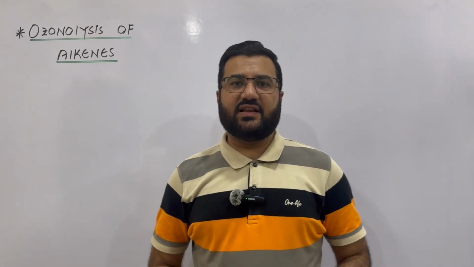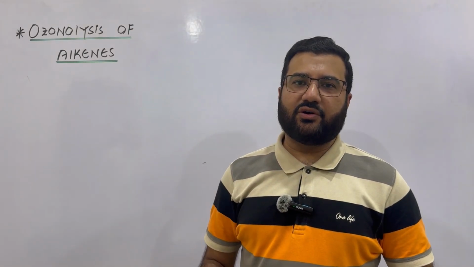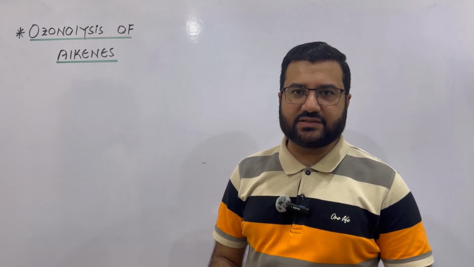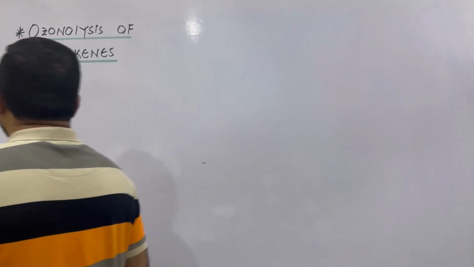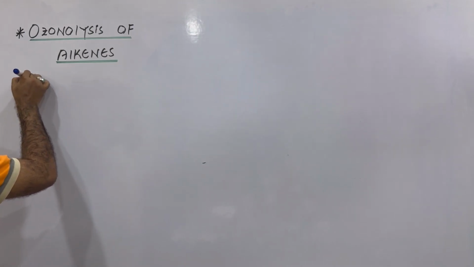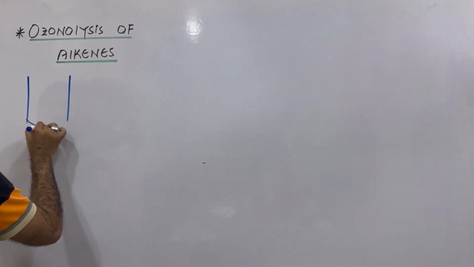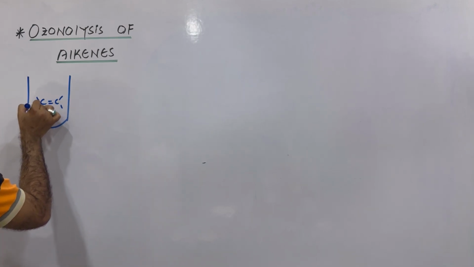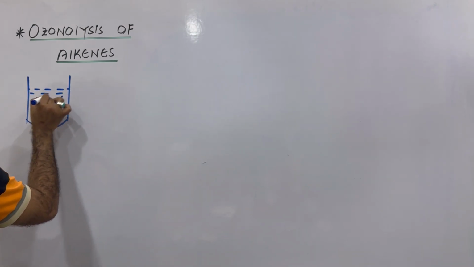Welcome dear students. In this lecture we are going to talk about a very important reaction of the alkenes, and that is the ozonolysis of the alkenes. For ozonolysis, an alkene is placed in an inert solvent.